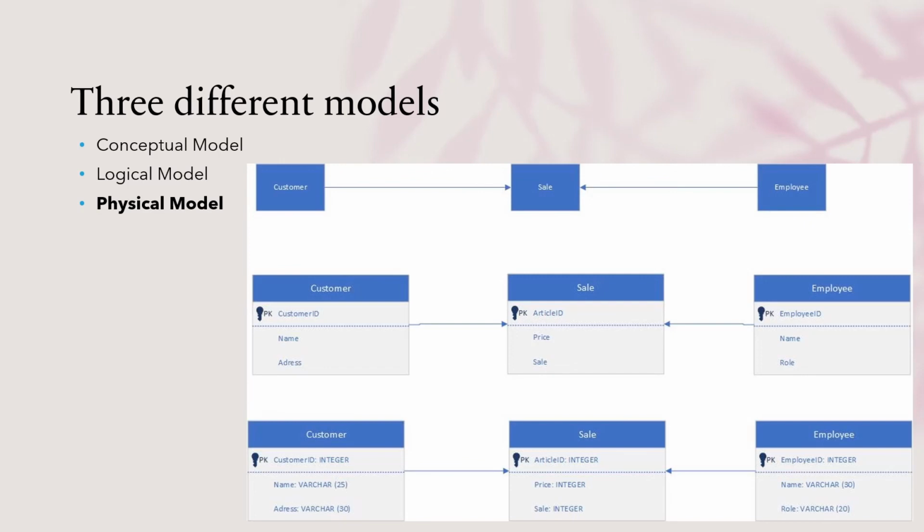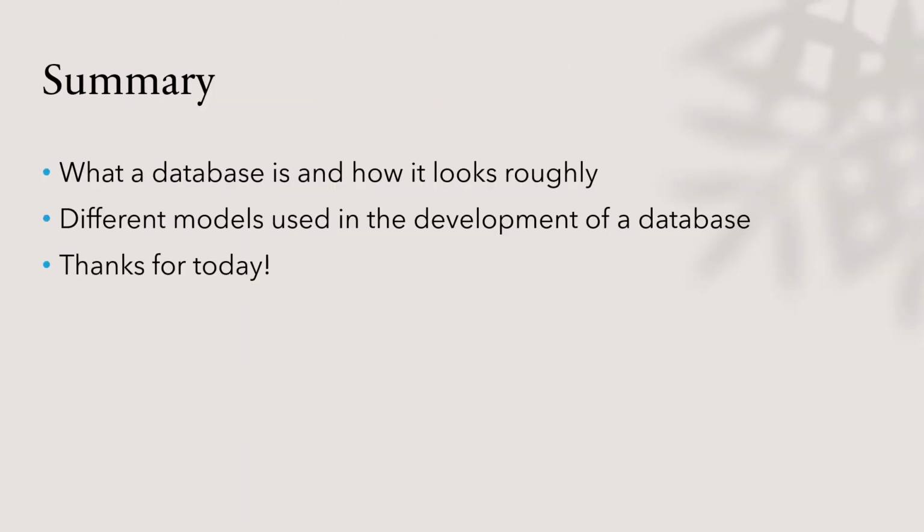Now, the last layer is the physical model, and as you can see here, we are including things like integer and varchar, which are data types. So once you reach your physical model, you are basically implementing your model into a database.